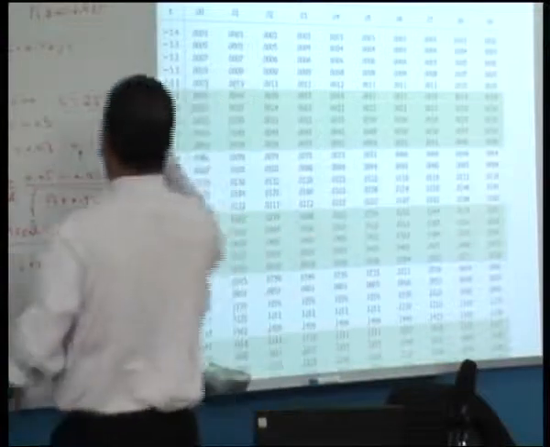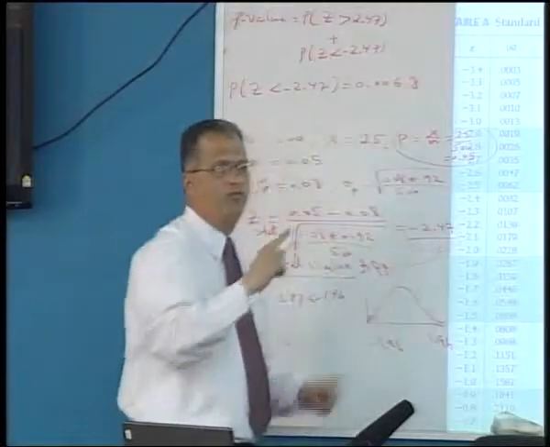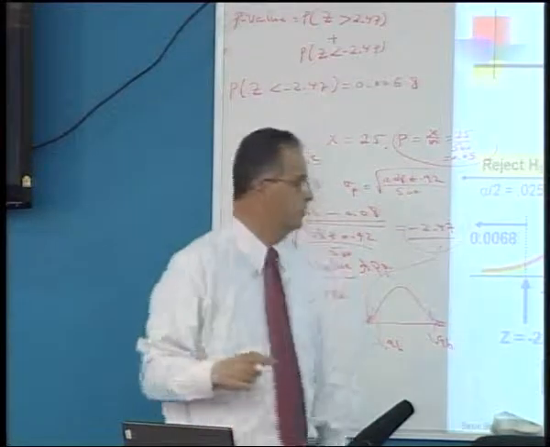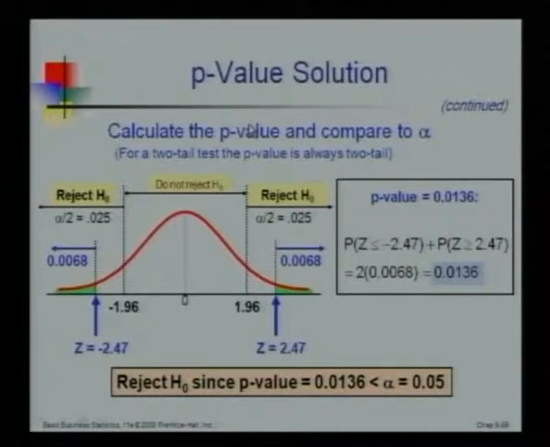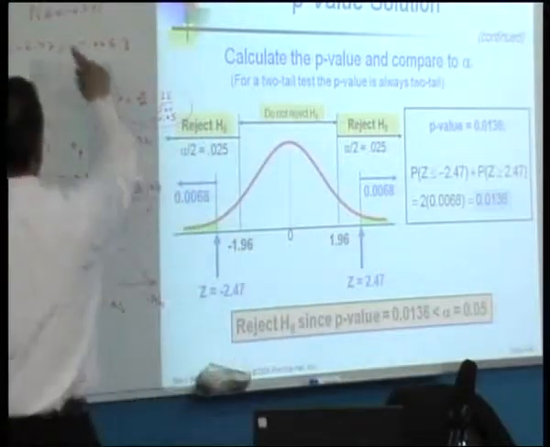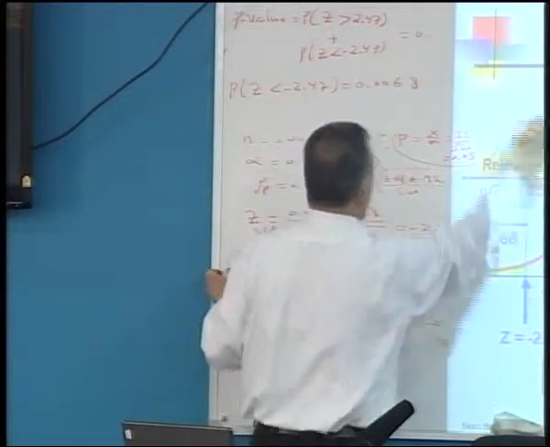So 0.068. So this is one of the two areas. So the area below negative 2.47 is 0.068. The area above the same value is the same area because of symmetry. So just multiply this by 2, you will get 0.0136.